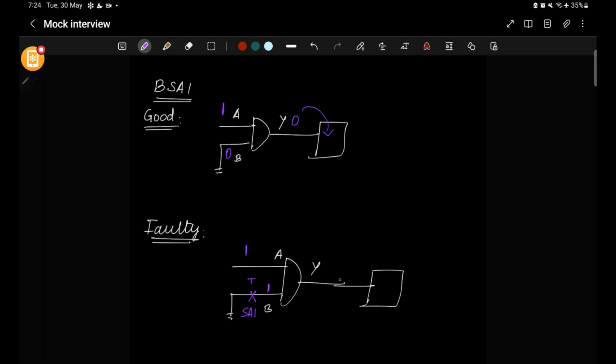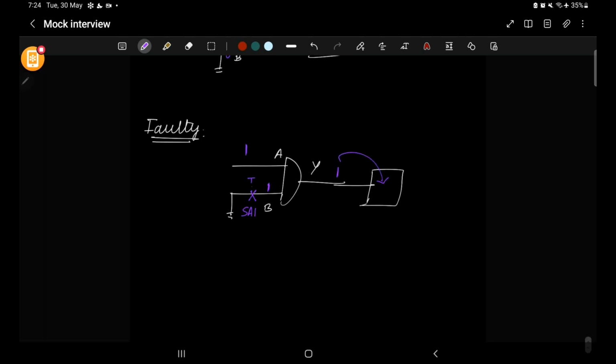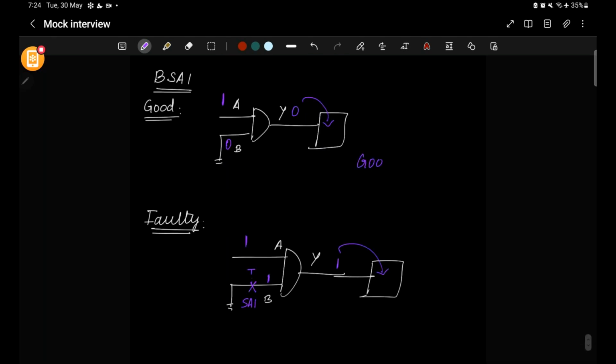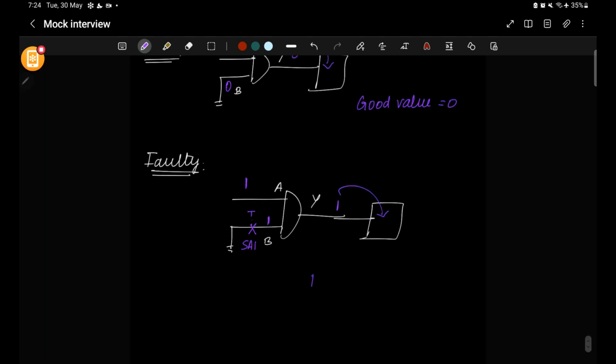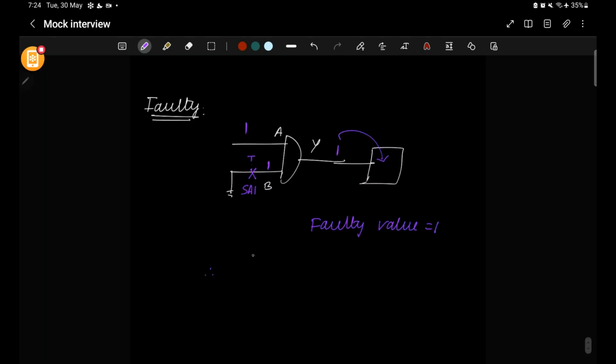Here a 1 value is written. 1 and 1 will be 1. This will only be captured. So the good value here is 0. The faulty value is 1. Therefore, B stuck at 1 is detected.